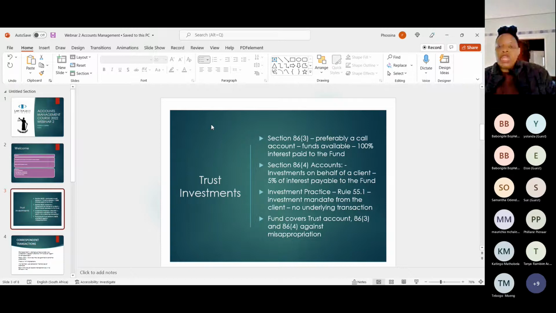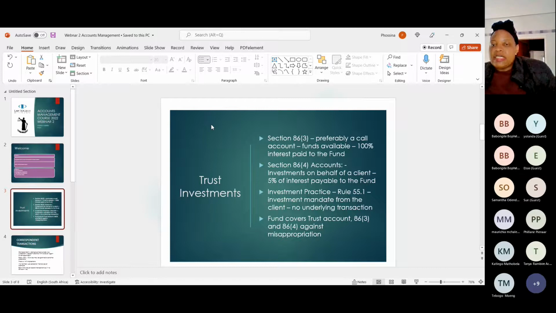They open it, and once they open it, the interest that is earned in that account is payable to the fund. So what I said previously, the fund is negotiated with the banks, the banks which are under the Banking Act, which are opened according to the Banking Act.